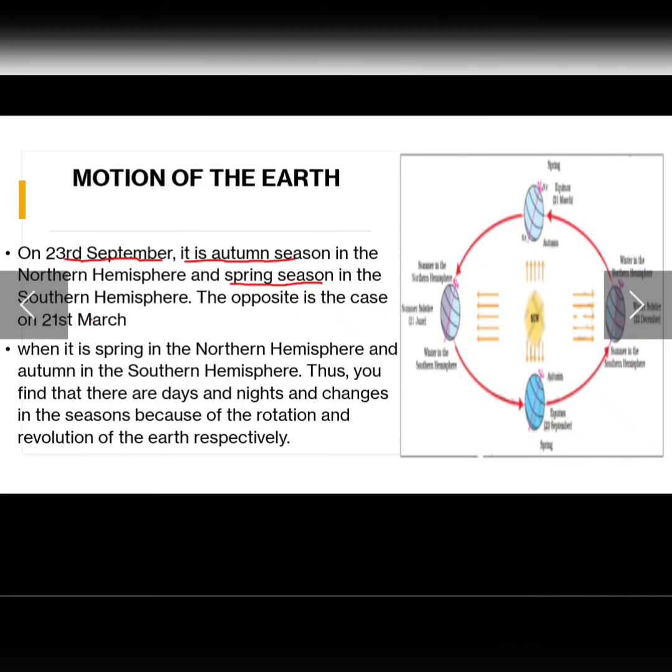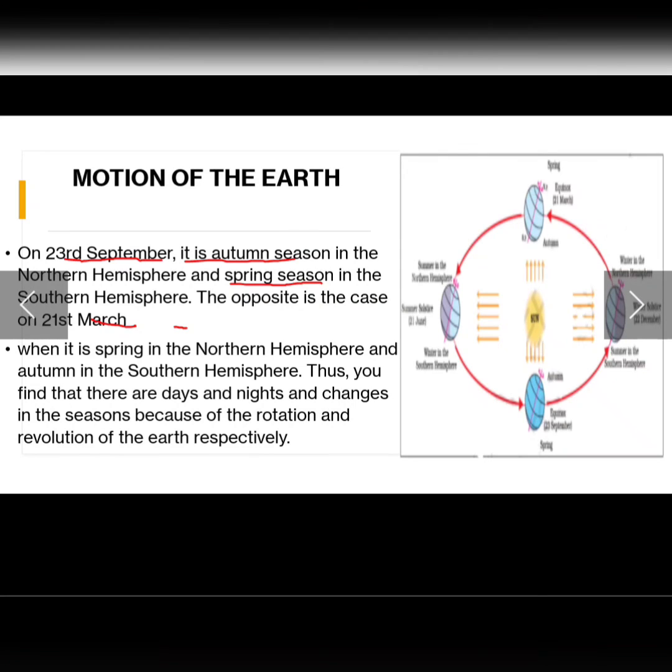We know that in March summers will be there in your northern hemisphere and winters in your southern hemisphere. So thus we can say that when there is spring in the northern hemisphere and autumn in the southern hemisphere, obviously one part will receive more light than the other. One part will have winters, another part will have summers.